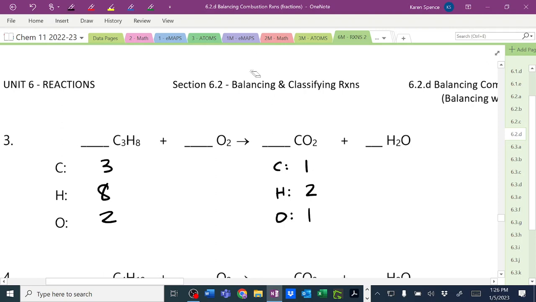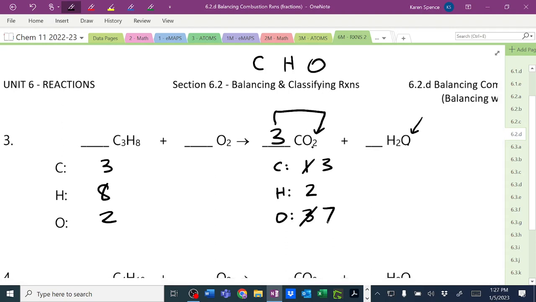Carbon first. Who comes next? Hydrogen. And who comes last? Oxygen. So let's do carbon. 3. Bam. 3 carbons. And now we have, why did I write 1 oxygen? We had 1, 2, 3 oxygen to start with, but now we have 3 times 2 is 6 plus 1 is 7. Much nicer, yes? No 97s. 7 is good enough.